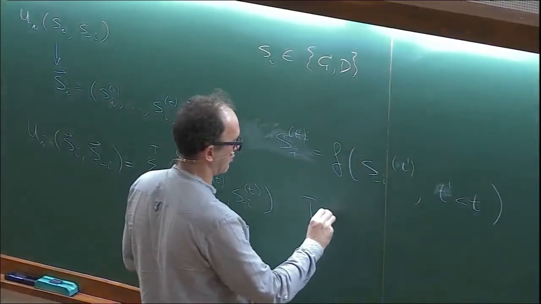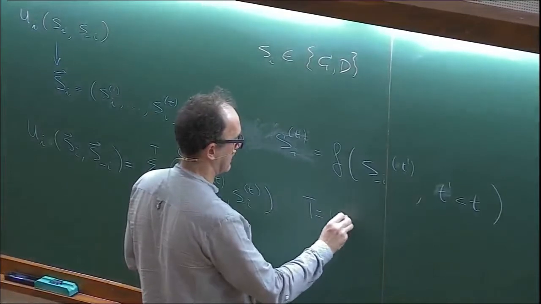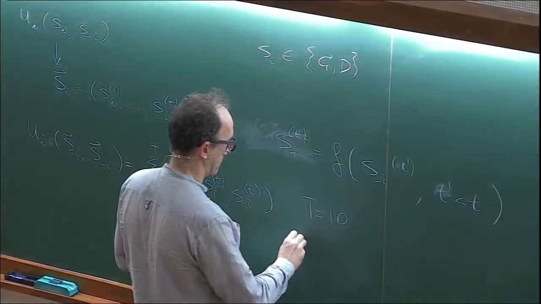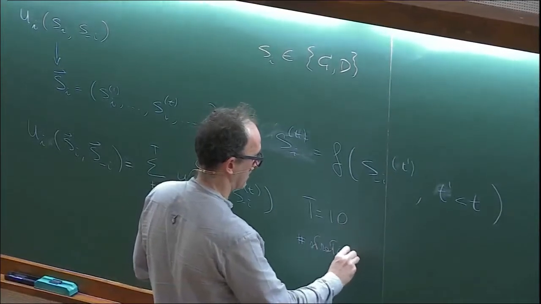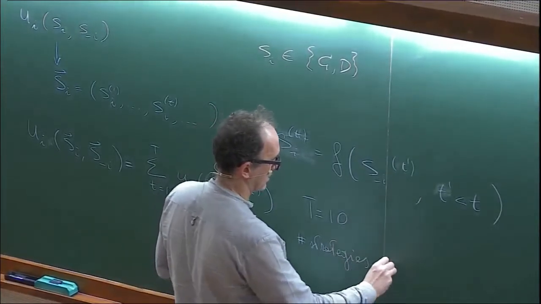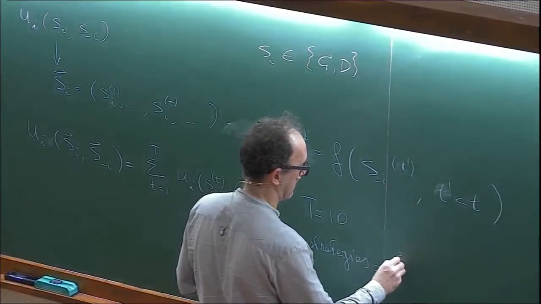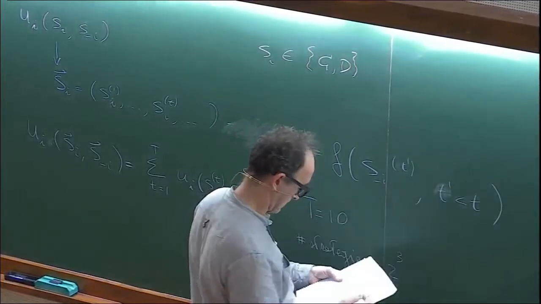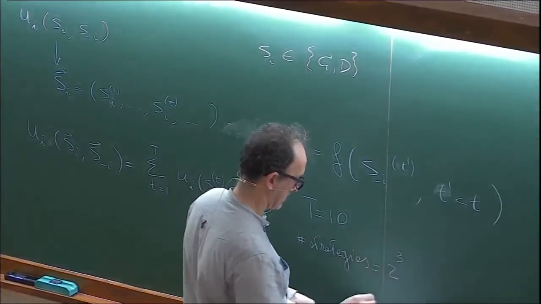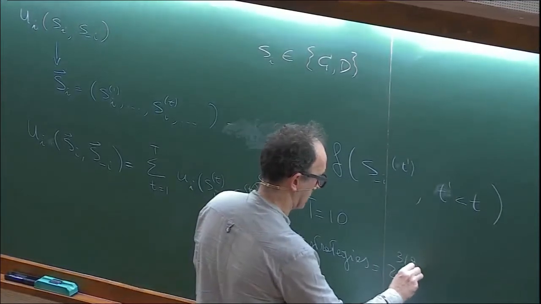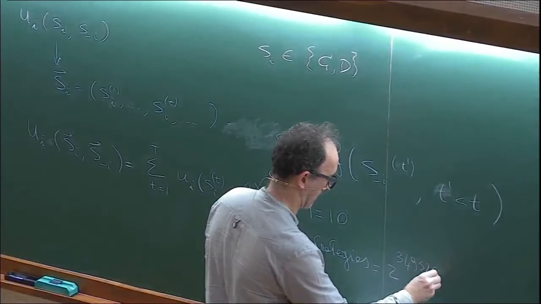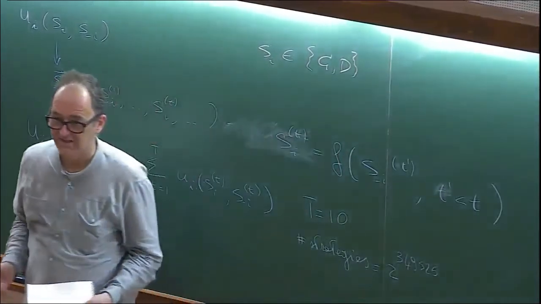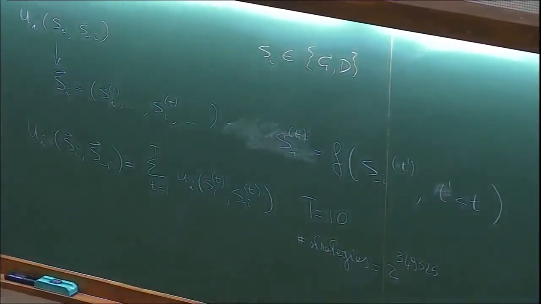If t is equal to 10, then the number of strategies is 2 to the 349,525, which is 10 to the 105,000 and something.